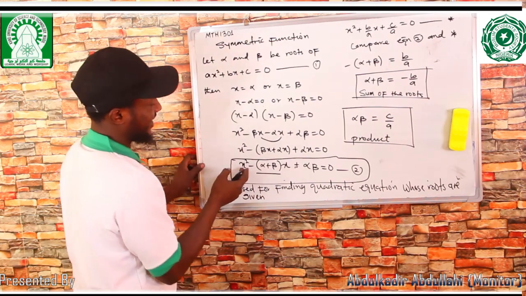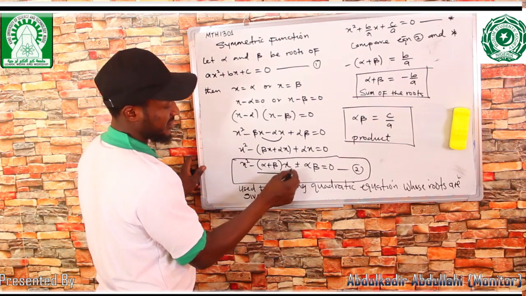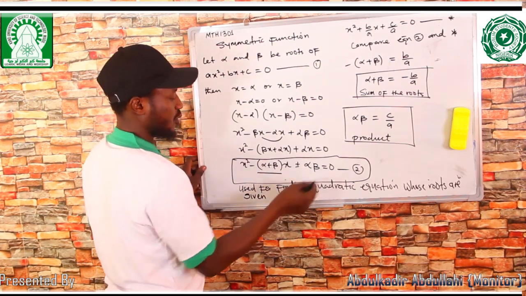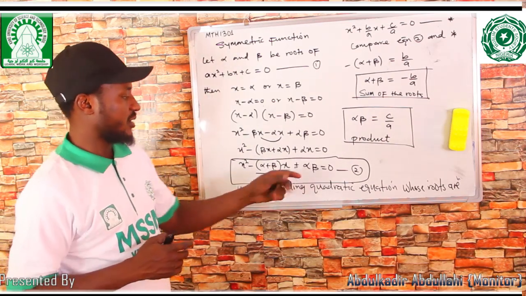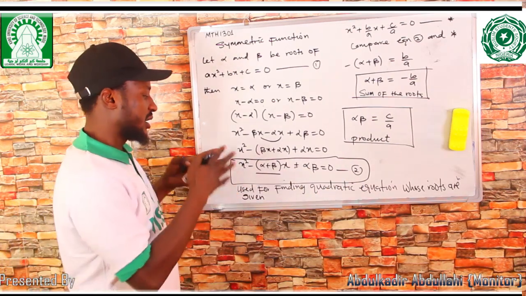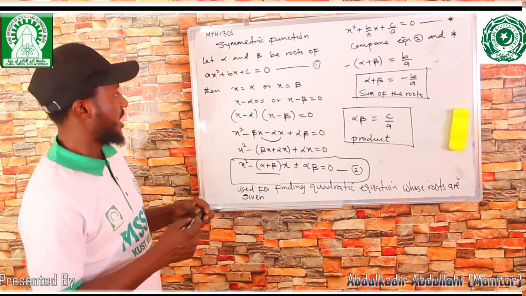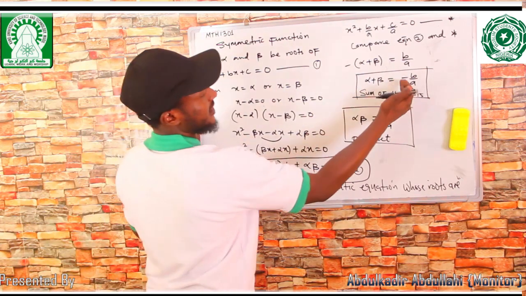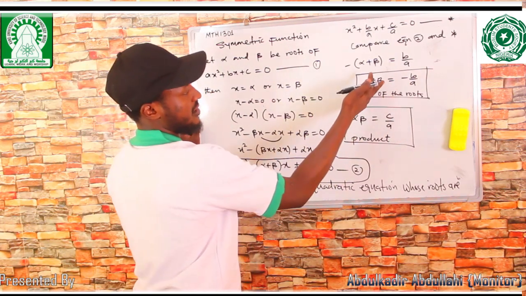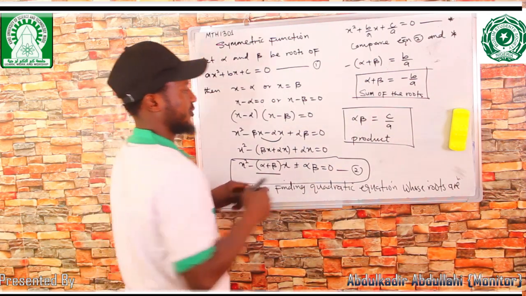So this formula, x squared minus alpha plus beta, x plus alpha beta is equal to 0, is a formula used in finding the quadratic equation whose roots are given. We are going to see examples of this. Now, don't forget, this is very important. Minus b over a is the sum and c over a is the product of the roots.